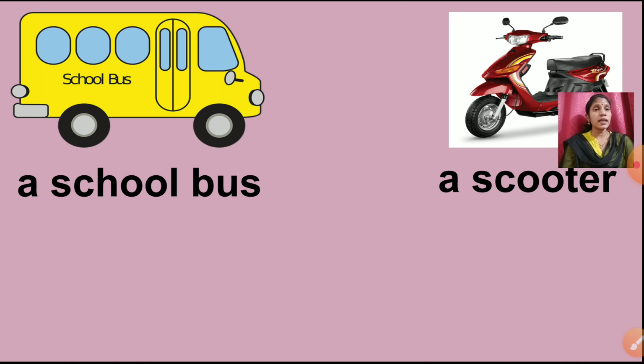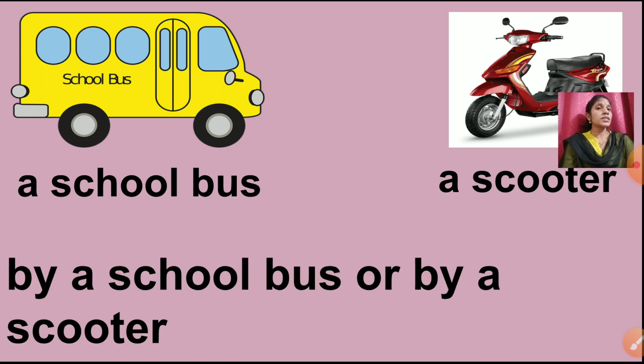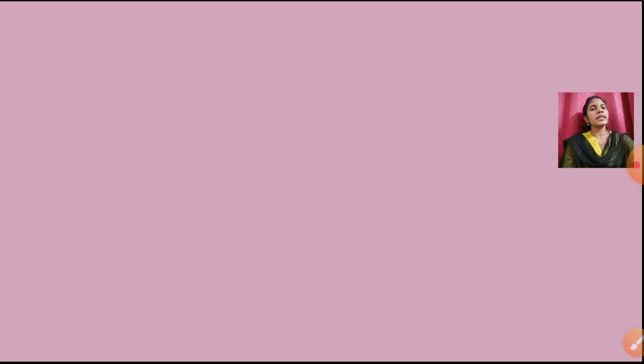Here you can see I am asking you with a choice. So you will write, by a school bus or by a scooter. You go to school by a school bus or by a scooter. So here the choice is there.